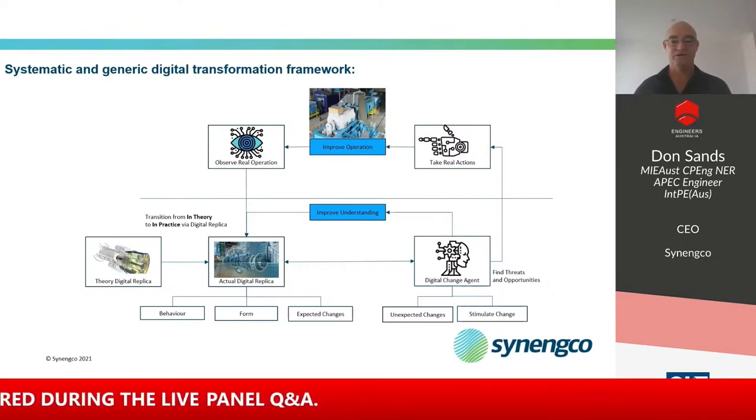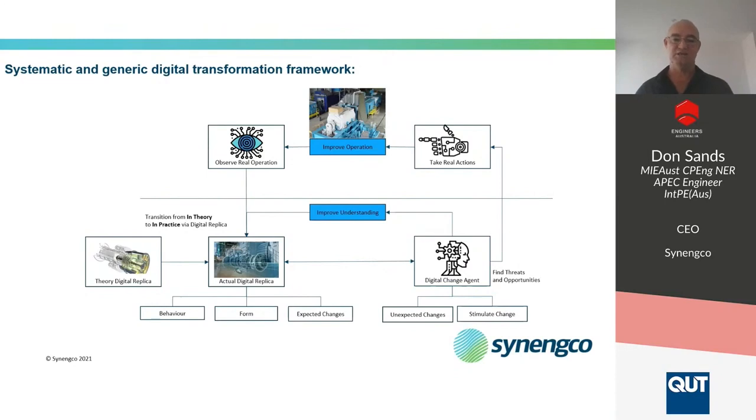And so we end up with the framework, which is the real world, and in the real world, we're sensing it with observations that are digitized. That's basically the input into our digital environment. And then on the other side, we're taking action. That might be real actions in terms of maintenance actions, or changing out a pump, or operating a plant. And so there's real action that's taken in that environment. And that's the output from the digital ecosystem.